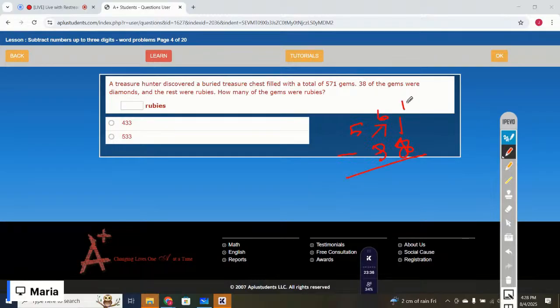11 minus 8 is 3, 6 minus 3 is 3, and 5 it is. And 33.